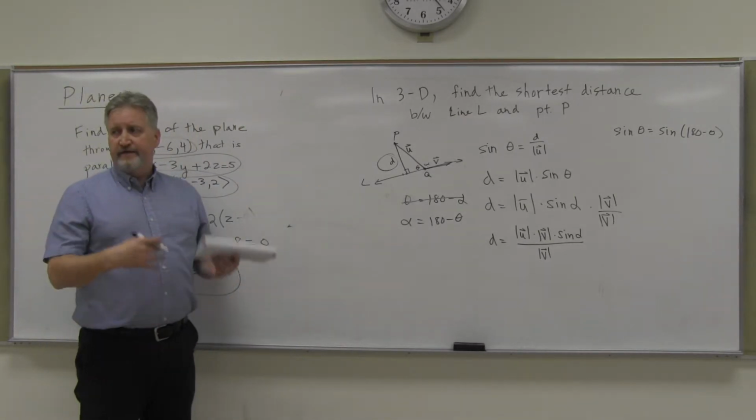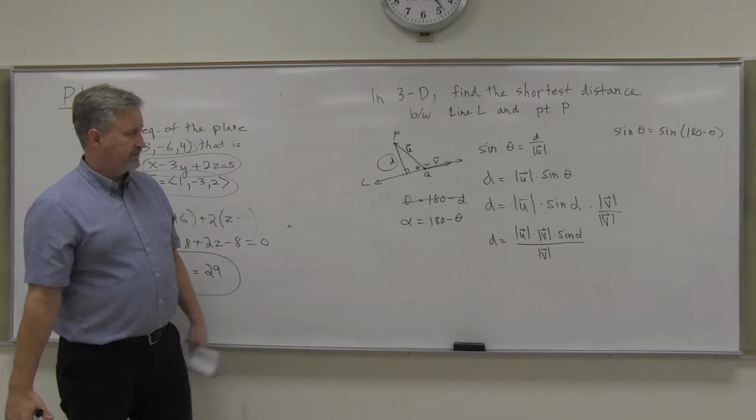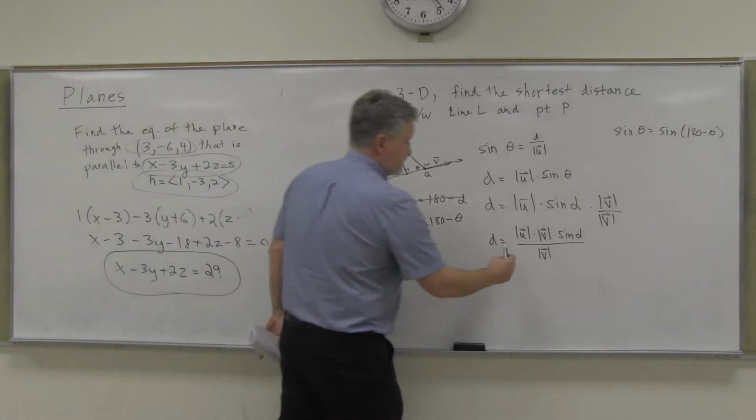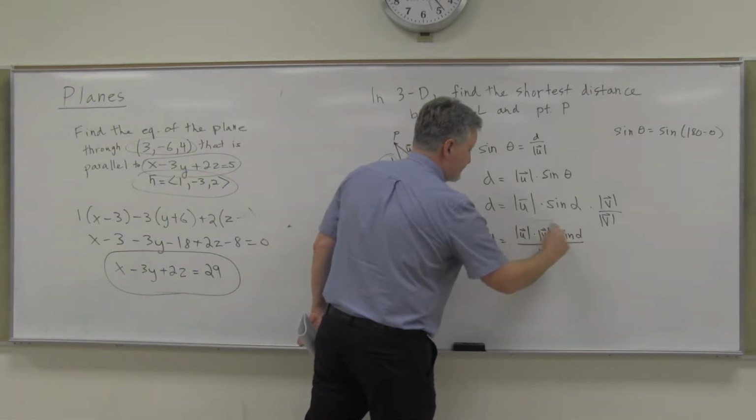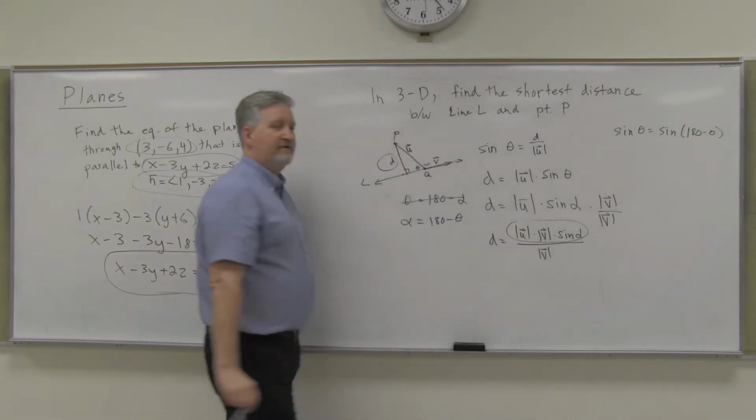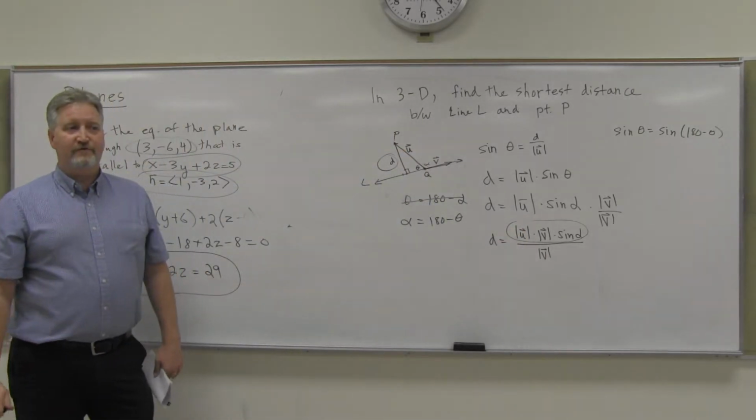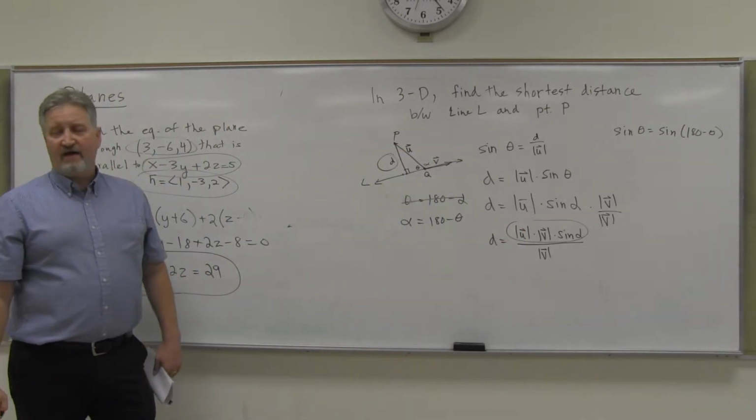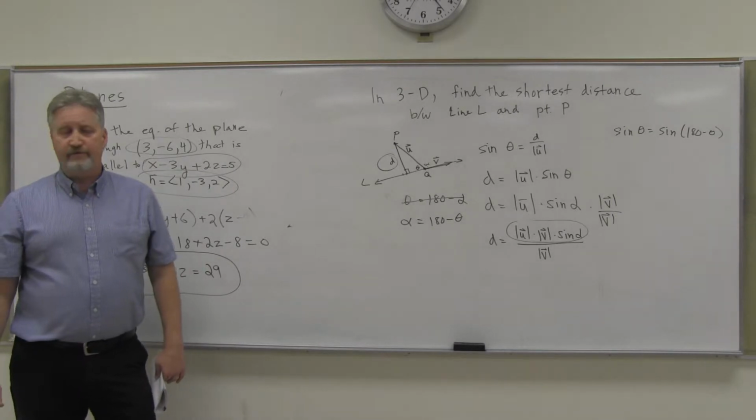Which again is not particularly easy, but we learned a little something about it: magnitude of u times magnitude of v times sine of the angle between them.